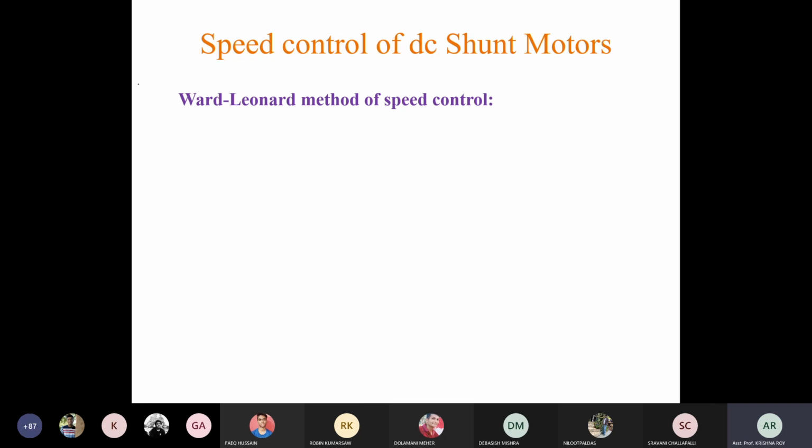Here we can increase the speed above base speed as well as decrease the speed below rated speed or base speed. That means we can have a wide range of speed variation by applying this method.